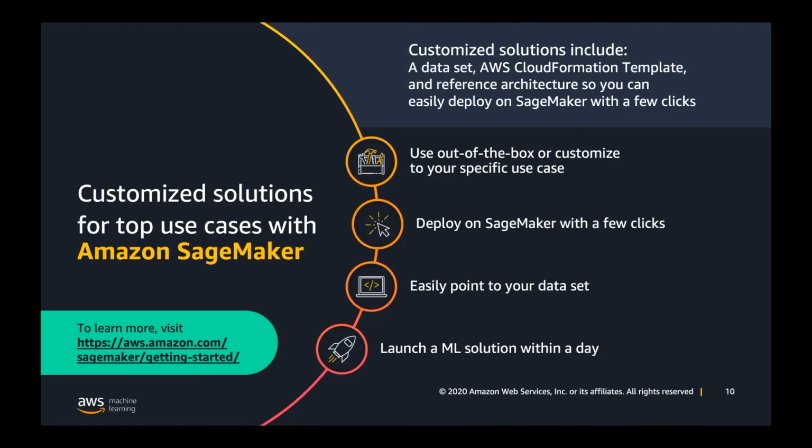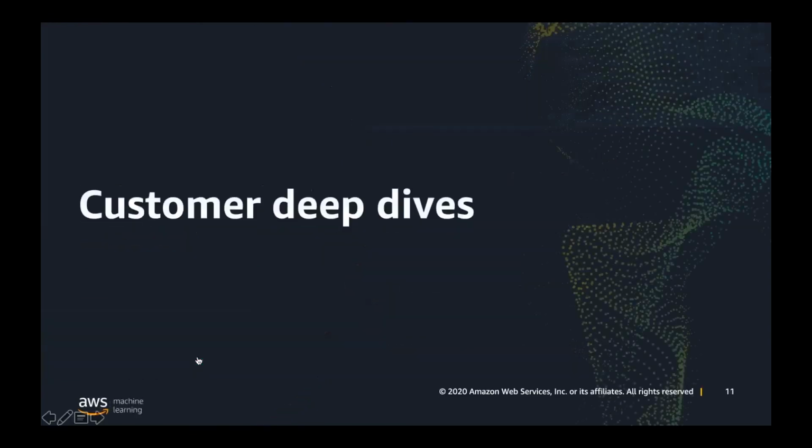Then you can come back and change or expand each of those components. For example, it comes with a sample data set for fraud detection, but later you can replace that data set with your own. Or you can expand the machine learning algorithms that it has, and so on. You can check this website, aws.amazon.com/SageMaker/getting started, to get the list of all of those solutions that are already there.